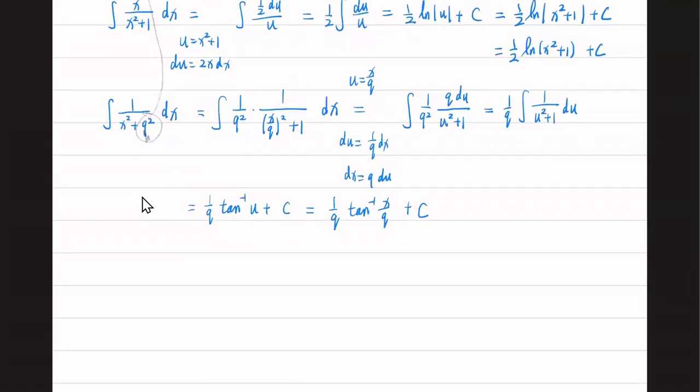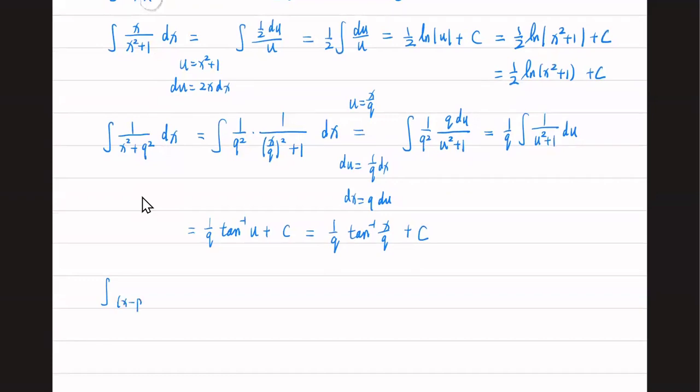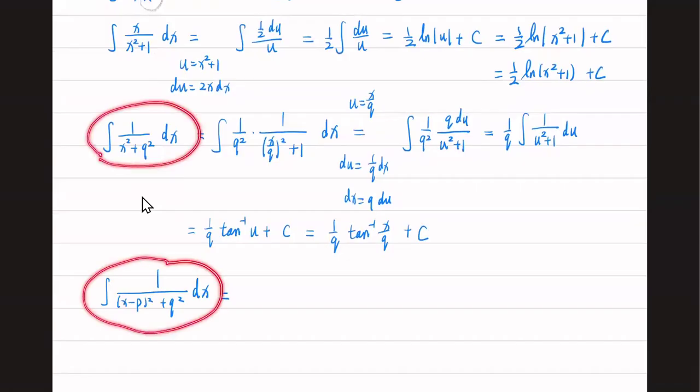Another change. Let's see if we want to erase this. Okay. x minus p squared plus q squared. See, we are going more and more general. This time we're going to compare this integral with the previous one.